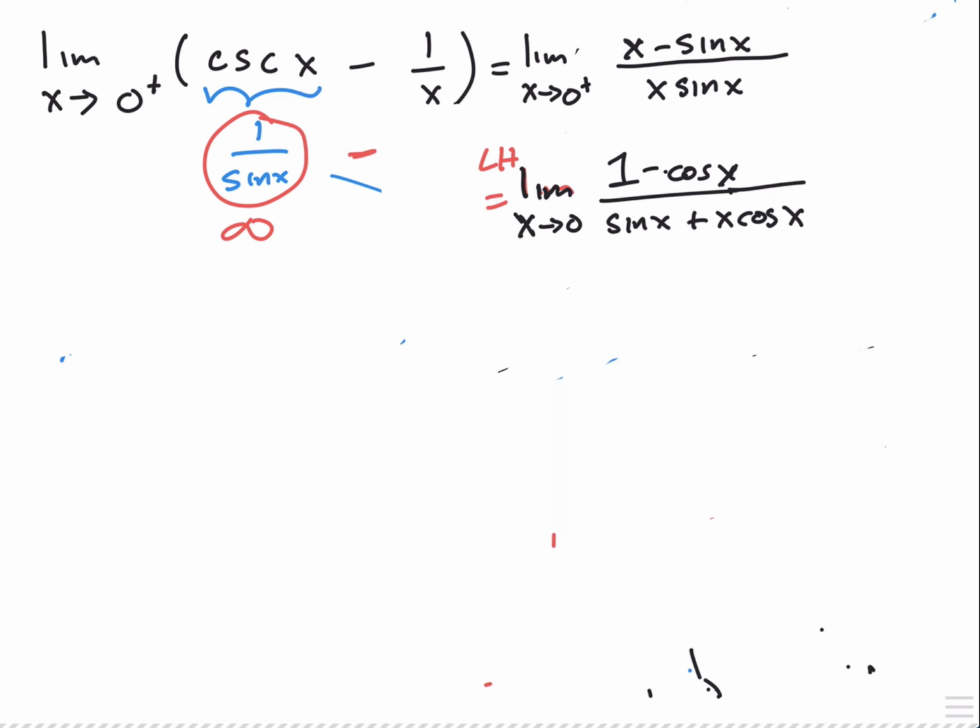What about cosine x over the x? 1 minus cosine x over x, that is a limit that we know. We could divide top and bottom by x, or factor out the x in the denominator.